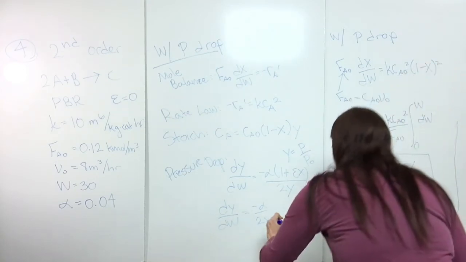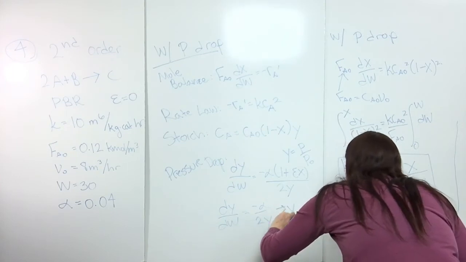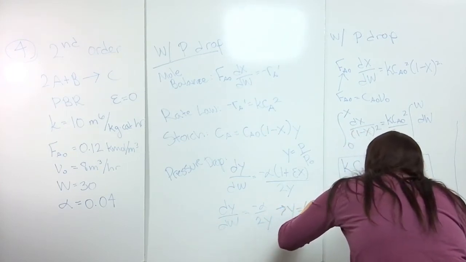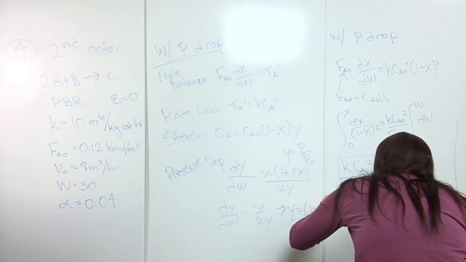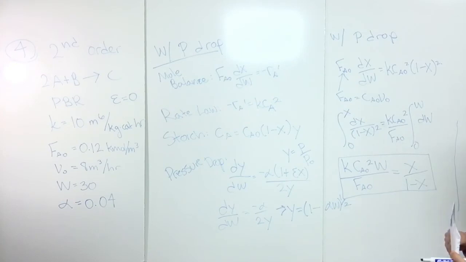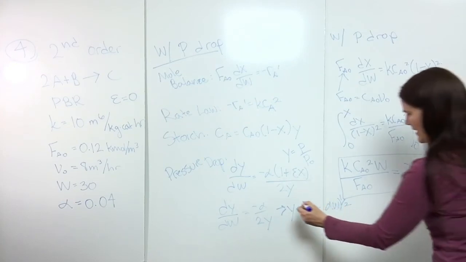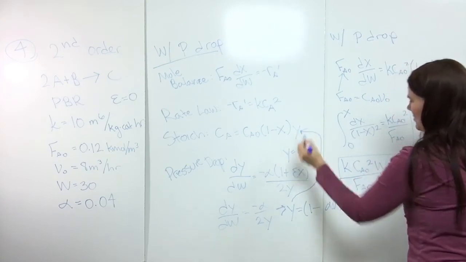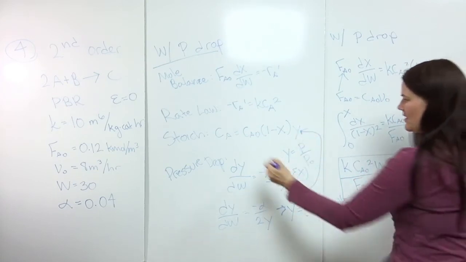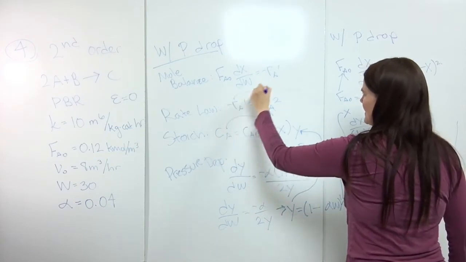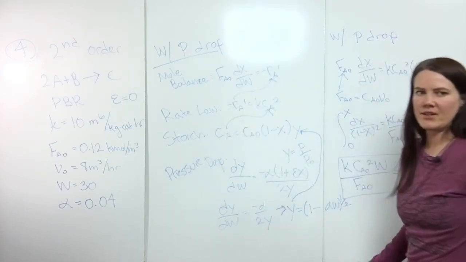And if you do that, you get y equals 1 minus alpha w to the 1/2. And so then you can plug that equation in for y, and then you can just go through and do the same thing. So plug this into there, and you should be able to integrate that.